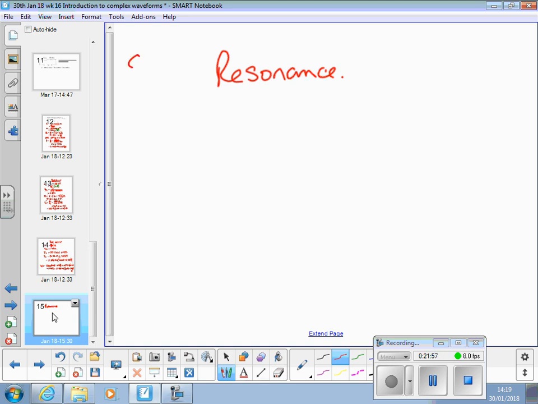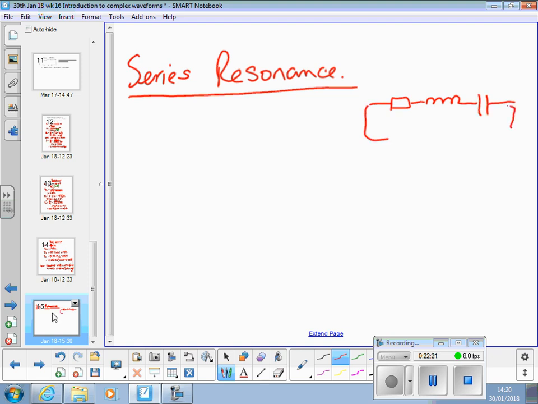In particular, we'll be considering series resonance, but we can have parallel resonance too. What can you remember about it, anyone? It would be a circuit that included R, L, and a C component in series. So what can you remember about resonance?